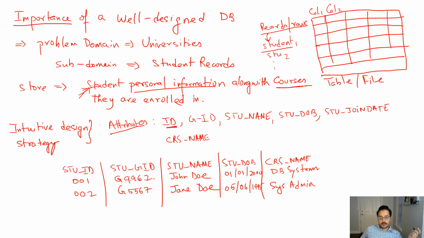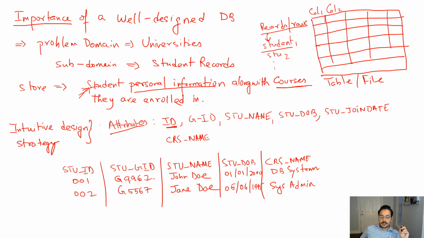They have multiple courses. So now in this particular structure, if John or Jane is enrolled in more than one course, which they will probably be in the majority of cases, then how are you going to write that? So there are two options available to you.